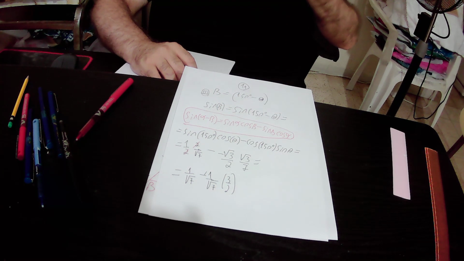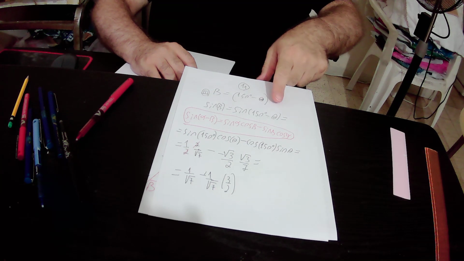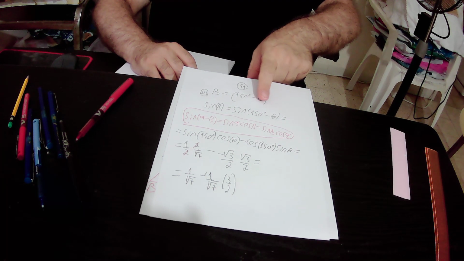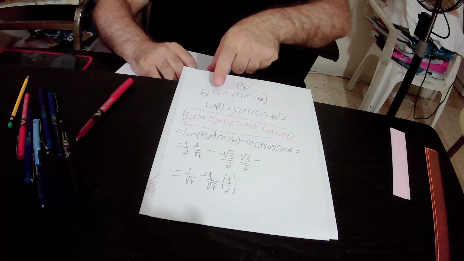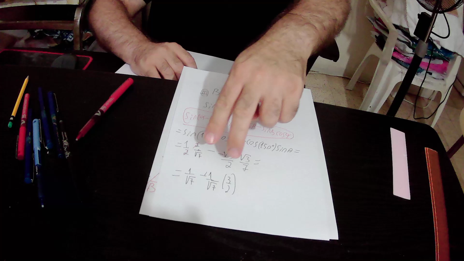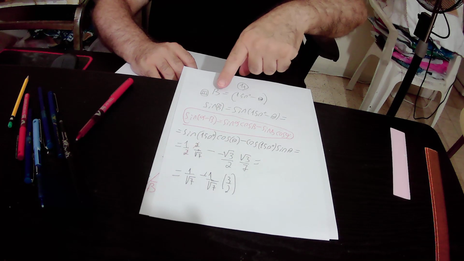That is the value of sinus 150 degrees minus theta, but sinus 150 degrees minus theta equals to sinus beta. So actually what we found here is the value of sinus beta.